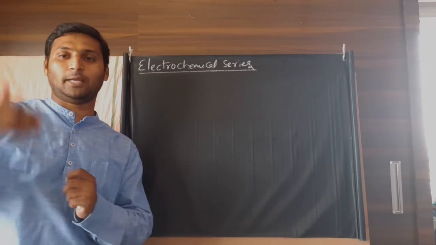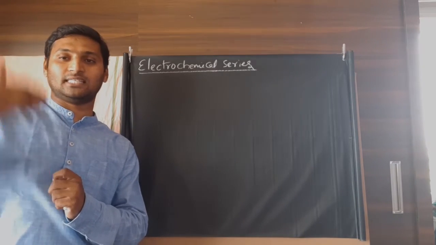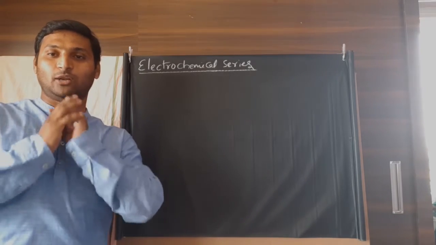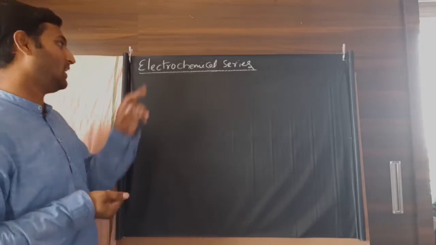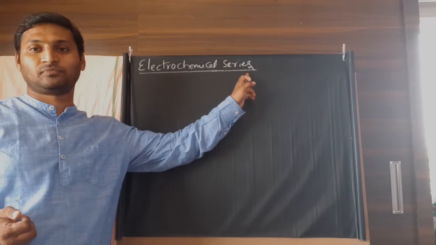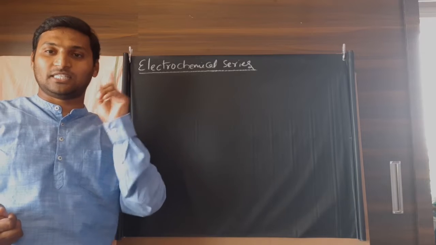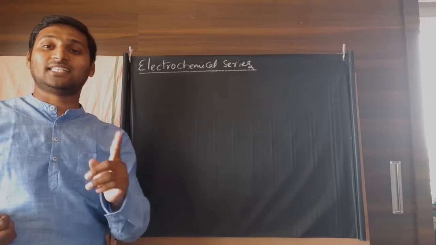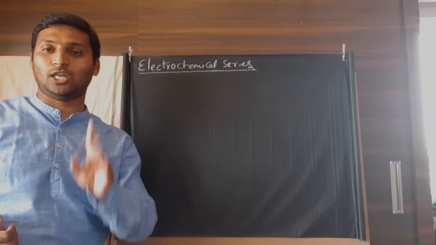Whatever the case might be, various substances arranged in the order of their standard reduction potential values, that list is called the electrochemical series. It is a series of substances arranged in the order of their standard reduction potential values.